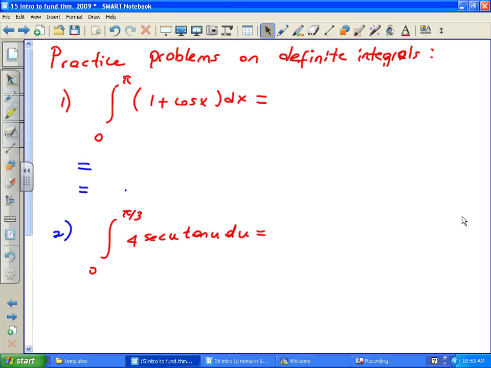So what is the antiderivative of 1? Of course, that's x. Antiderivative of cosine x is positive sine x, right? In differentiation, it was negative. In anti-differentiation, it is positive, and we're going to go from 0 to pi. And of course, plug in the limits: first, the upper limit minus the lower limit.